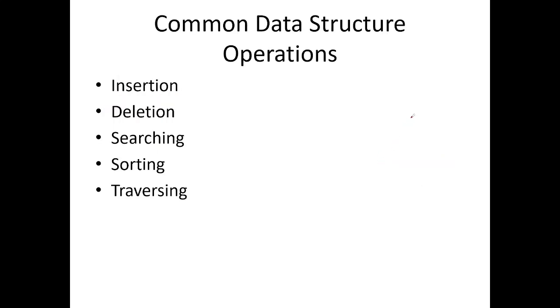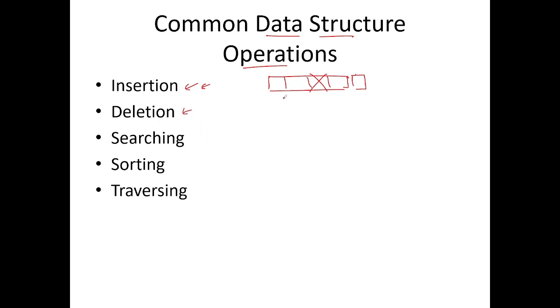Now coming to the next one, the common operations that are performed on different data structures. Insertion. Let me give a simple example. If you consider an array, and you want to add a next element, that is called insertion. Let's imagine that you want to delete a particular element. If you want to delete this element, then this is called deletion.